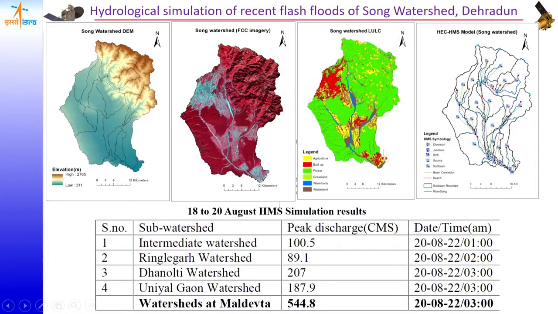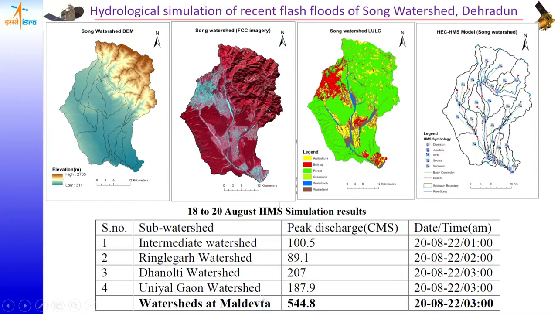Then this year again we had very heavy rainfall, although not a cloudburst because the rainfall was not of that category, but still we had very heavy rainfall events in the day and then in the night also, on 18th, 19th, 20th August 2022.